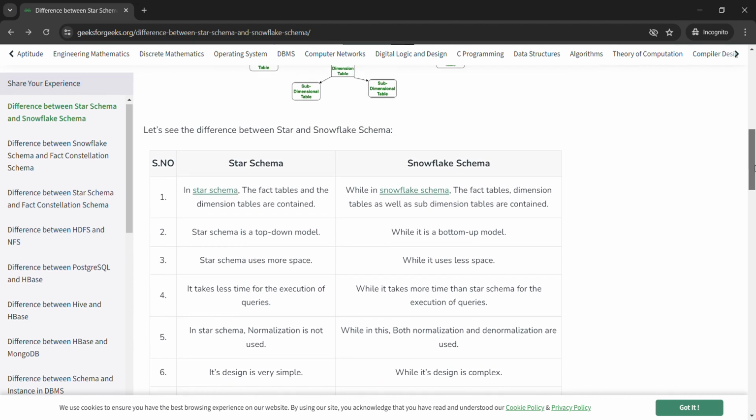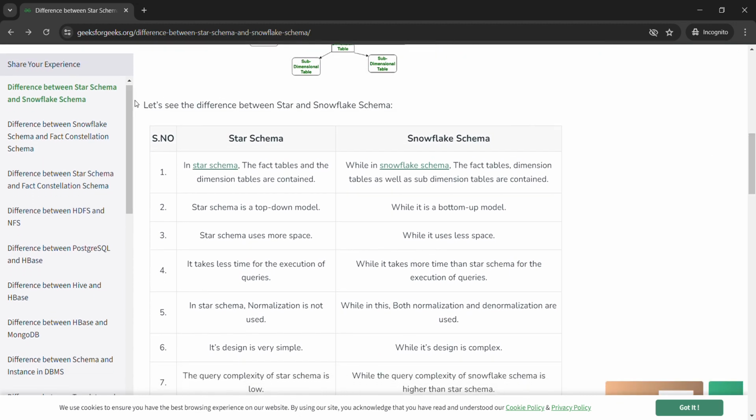Let me explain again. So let's see the difference between star and snowflake schema. In star schema, the fact tables and the dimension tables are contained.